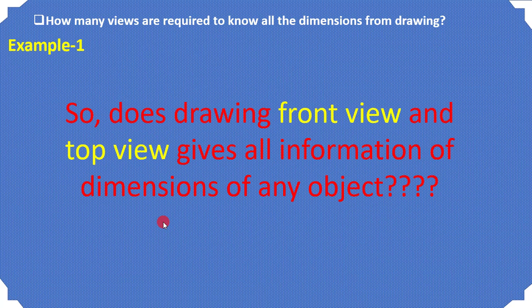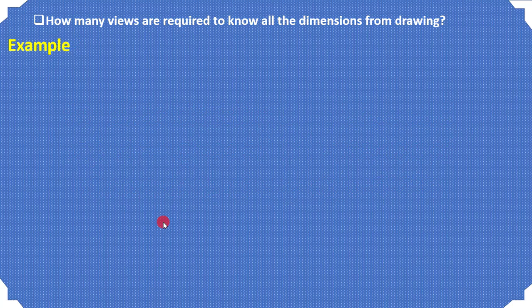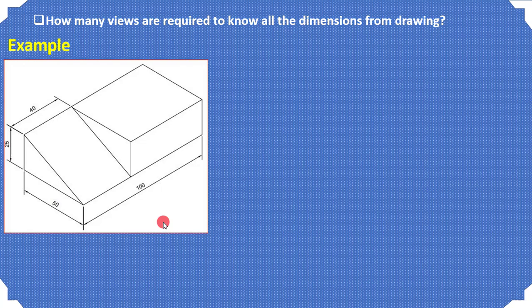What does it mean? Does drawing the front view and top view give all the information about the dimensions of any object? Means, is only drawing the front view and top view enough for showing the details of any object? Let's see. Look at this object now.